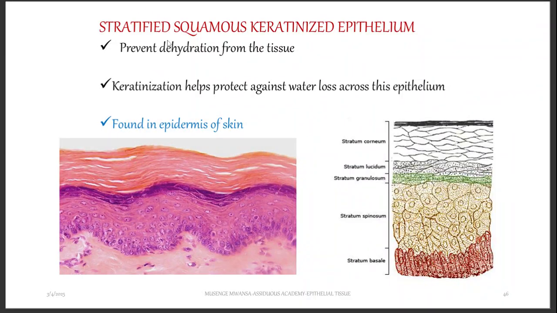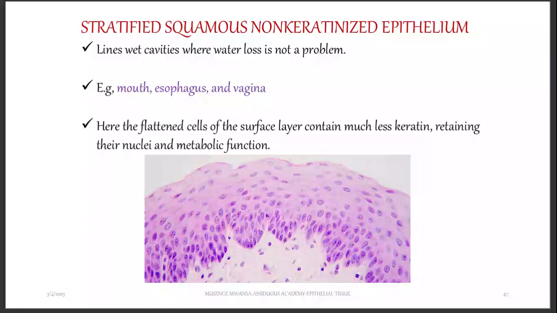For example, you have stratified, a lot of layers, squamous, flat layers, keratinized. There is keratin, so it's supposed to be found in dry areas. So stratified squamous keratinized is found in the skin, the epidermis, the outermost layer of the skin. And then the stratified squamous non-keratinized is found in places that are soft, that have water.